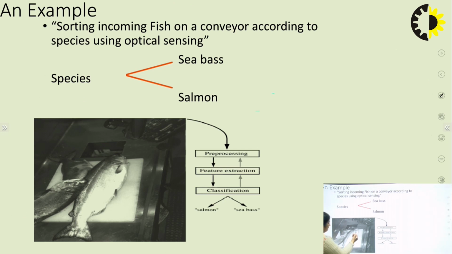For example, the length of the fish, the fins, where the mouth is placed, the size of the fins or number of fins, the shape, the texture, the light, or whatever it is. What is the width of the fish? Based on that we will extract the features, and then we will do the classification, and in classification we will come to know whether it is salmon or sea bass. So let us try to understand this for feature extraction and classification.